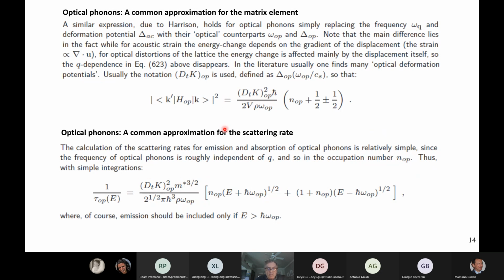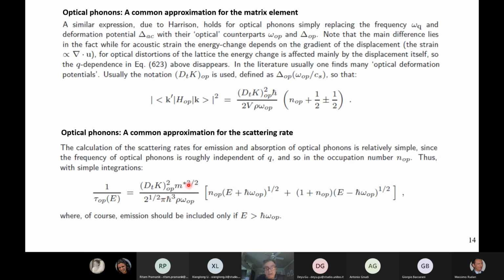But we have a parameter which depends on the strength of the interaction, this delta dk, divided by omega op, the frequency of the optical phonon, and the density of the crystal. This comes from the amplitude or the displacement of one ion that we get from the canonical commutation rules. And then there is a density of states, practically the sum of these factors, the square root of 2, the pi, the 3/2 power of the mass.